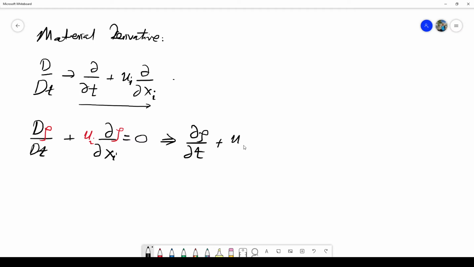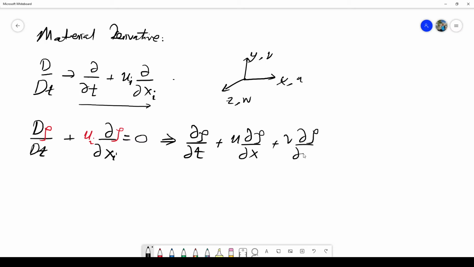If we are working in 3D space, x, y and z, we will have u, v and w for the velocity components. So we have u del rho over del x plus v del rho over del y plus w del rho over del z, and this is for the d rho over dt.